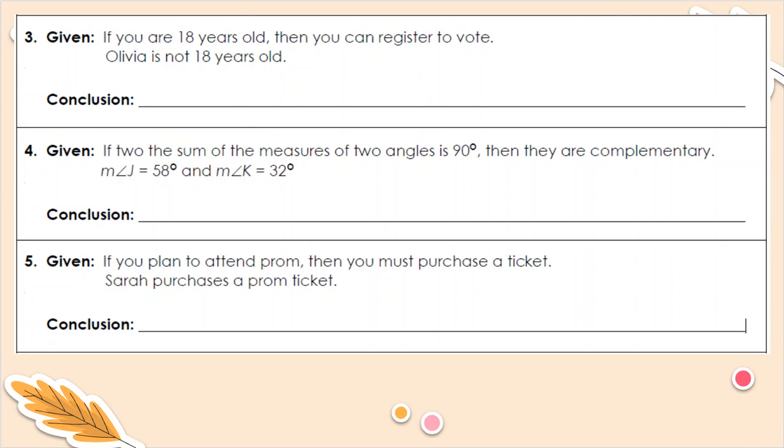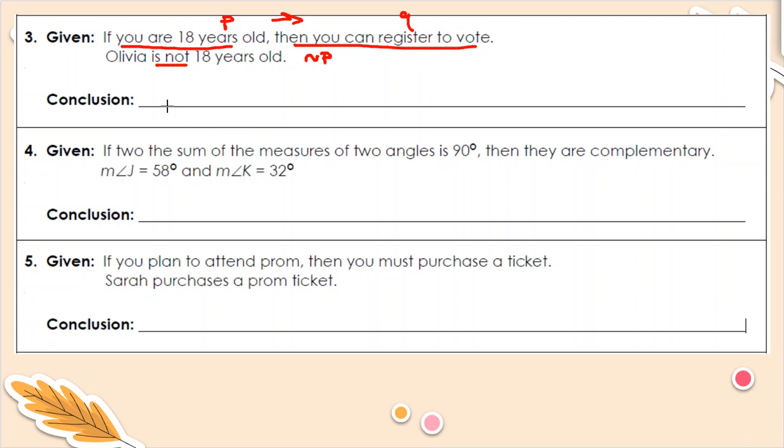For number 3, if you're 18 years old, so if P, then Q, then you can register to vote. Olivia is not 18 years old. So we have been given a not P. The law of detachment says that I have to have if P then Q, followed by a P. We have been given a not P. Olivia is not 18 years old.